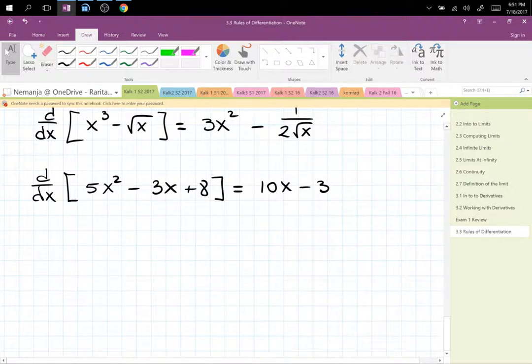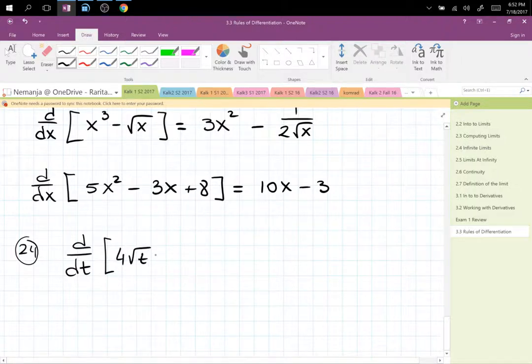It says, this is problem 24. Find the derivative in respect to t now, because the variables are all t's. 4 root t plus 1/4 t to the 4th plus t plus 1.